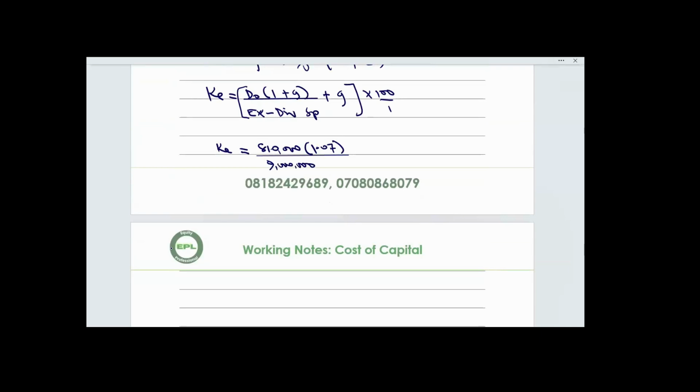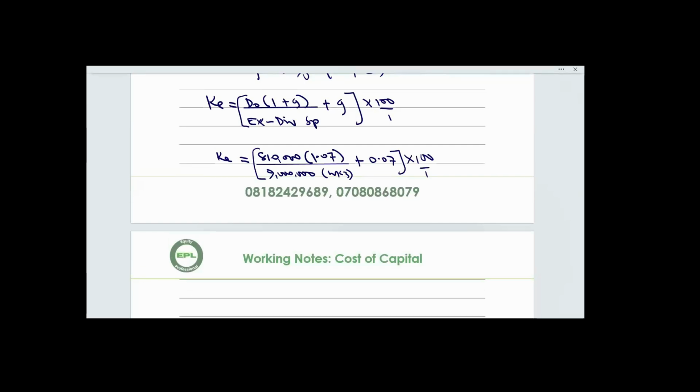I think that's working number 3. You can check out working number 3. Then plus the growth rate of 7% multiplied by 100/1. All right, so what do you have here?